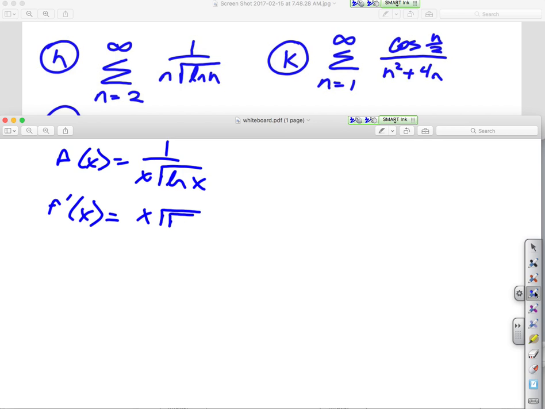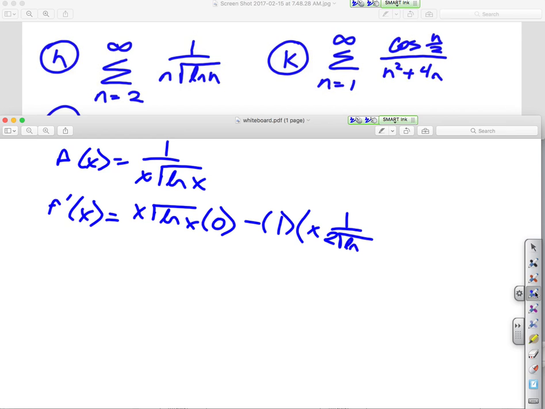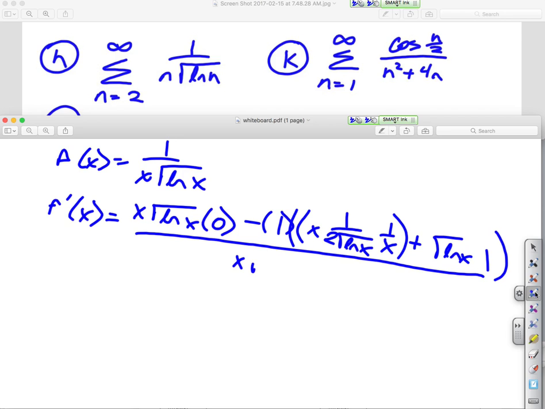So that's bottom times derivative of the top, minus the top, which is 1, times derivative of the bottom, which requires product rule, so that's first times derivative of the second, so 1 over 2 times the radical times the derivative of the radical, plus the second times derivative of the first, all over the bottom squared.